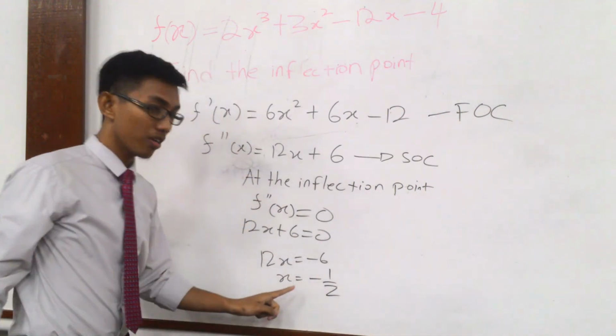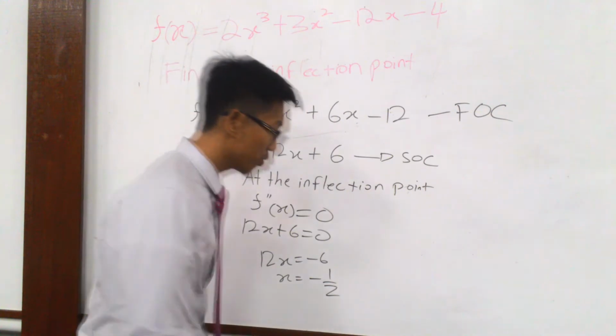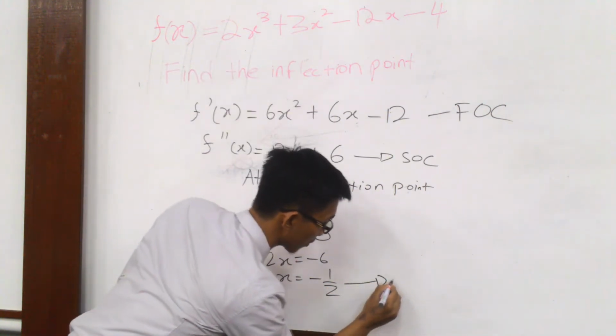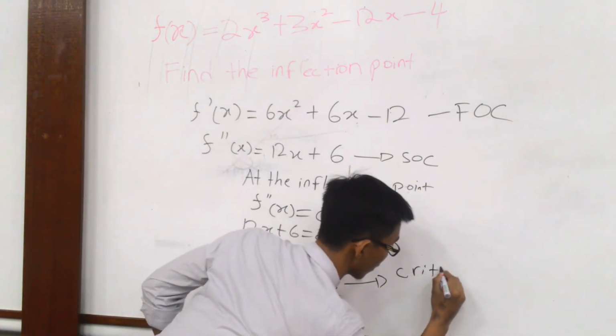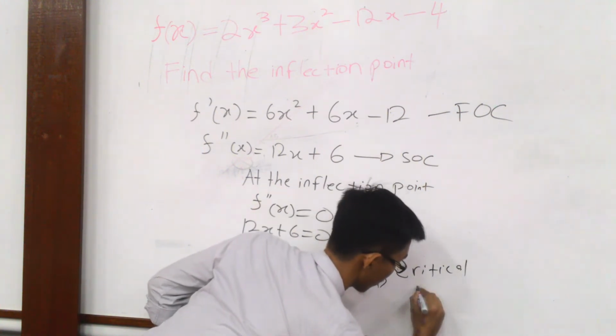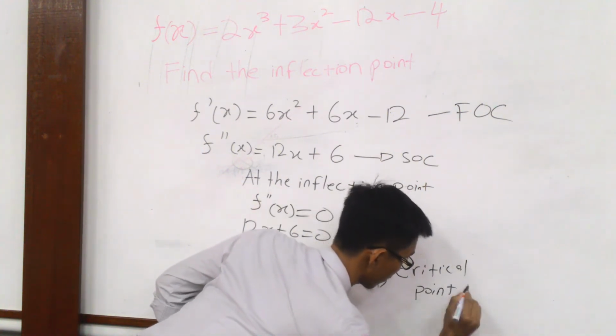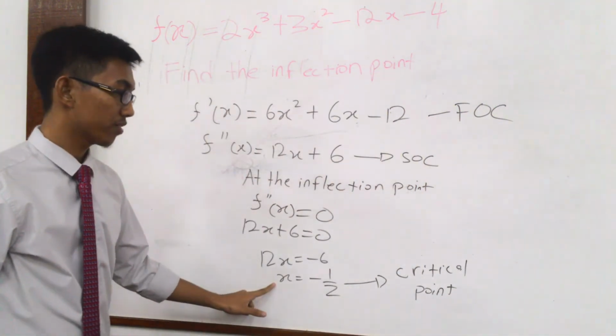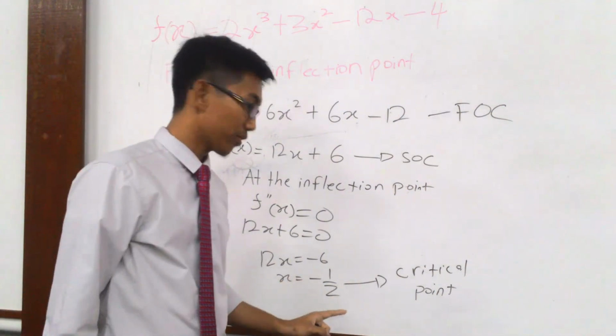Here, x equal to negative 1 over 2 is the critical point. This is only x, this is only 1. Follow.